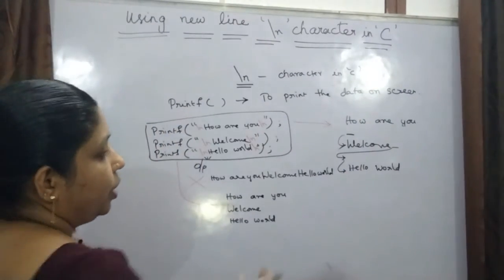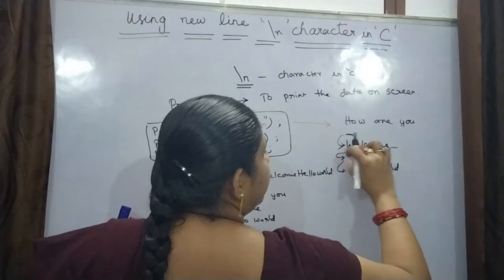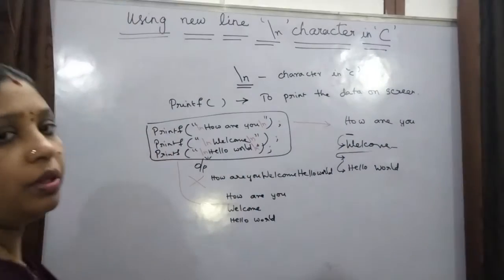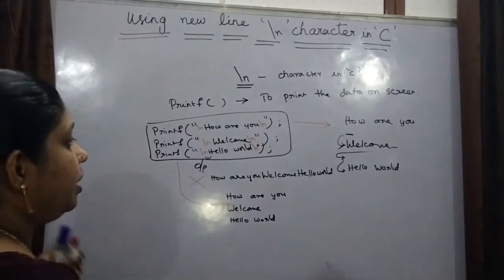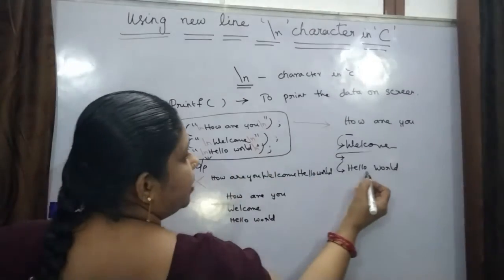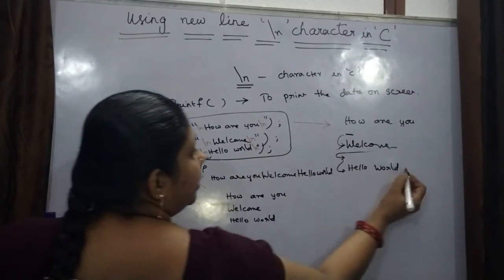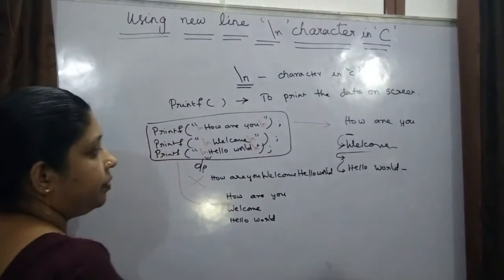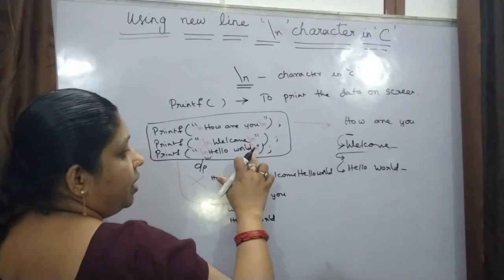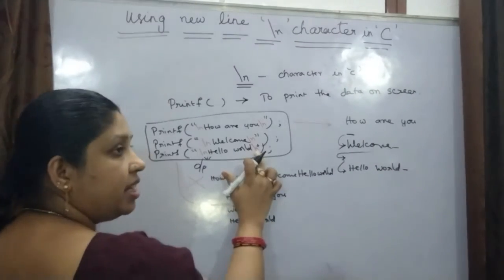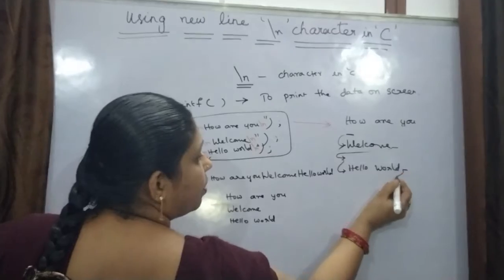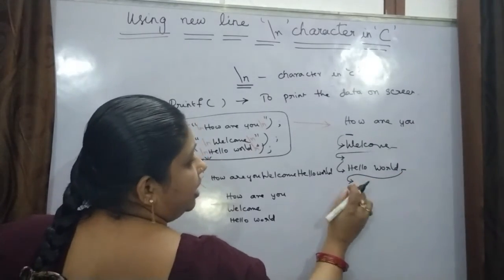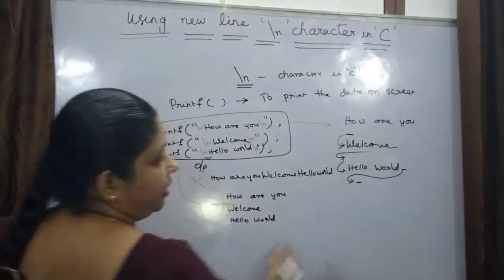So that's why you will get one new line in between these sentences. Okay, then it will print this, and after completing this hello world, the cursor will blink here. The moment it completes hello world, it will see this \n, and the cursor automatically jumps here, and it will stay in this line.